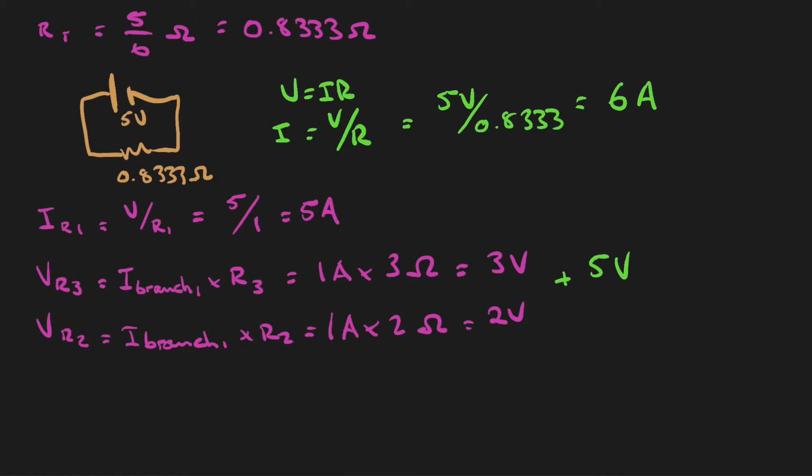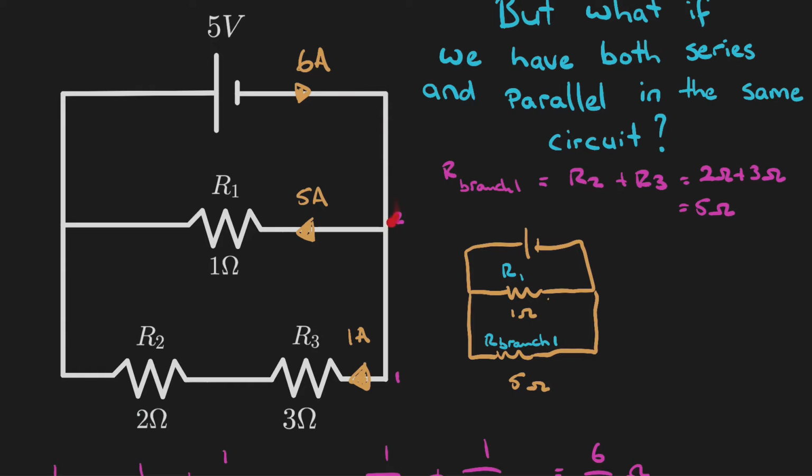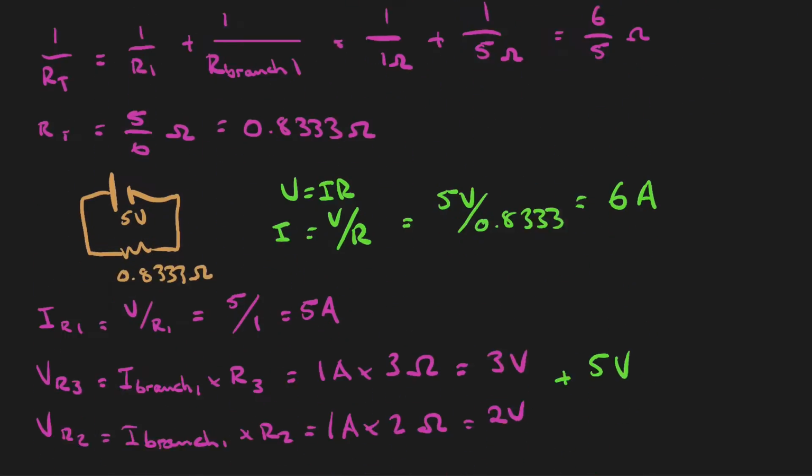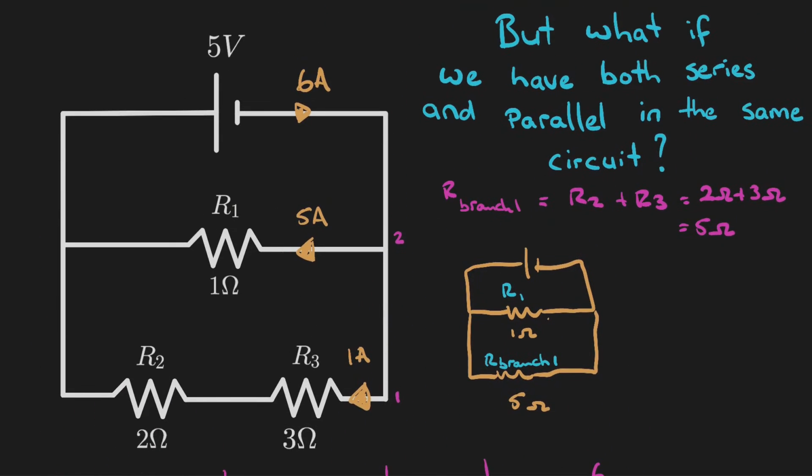So from there, we could then find out what the current flowing into this branch is and what the current flowing into this branch is. Because we knew what the resistance was in R1, and the voltage in a parallel circuit doesn't change. It only changes in a series circuit.